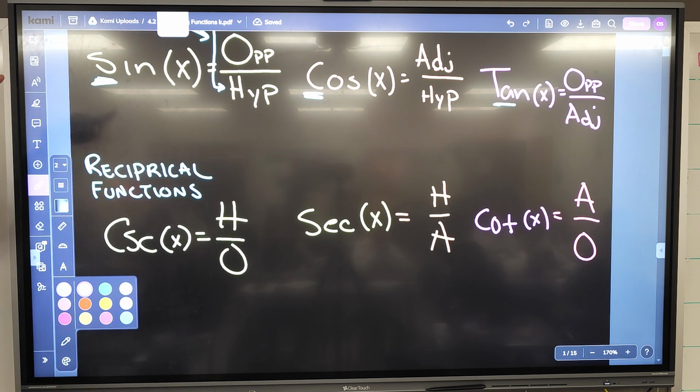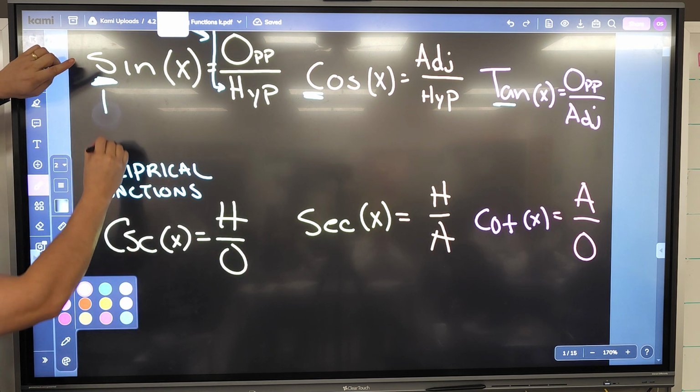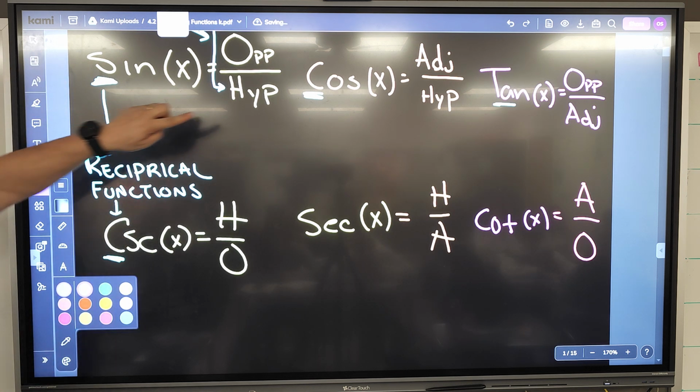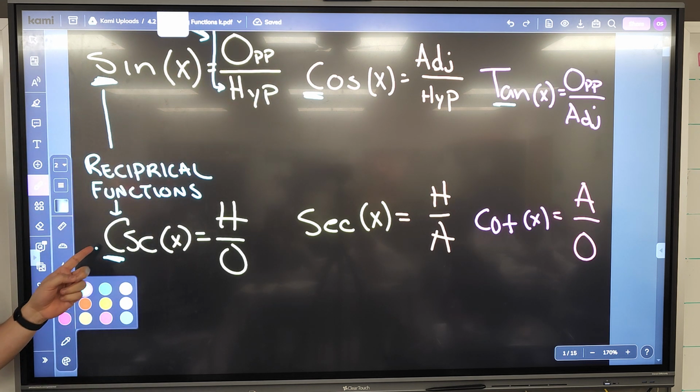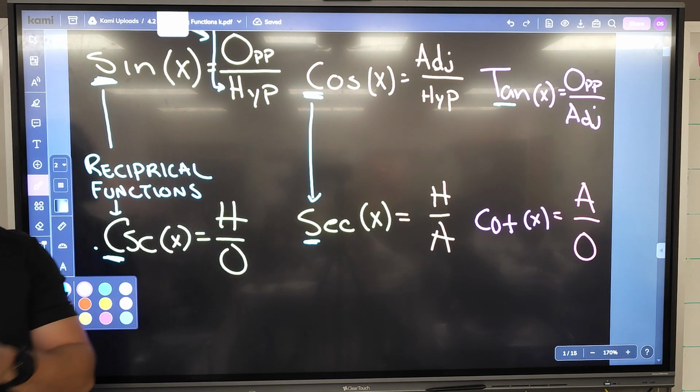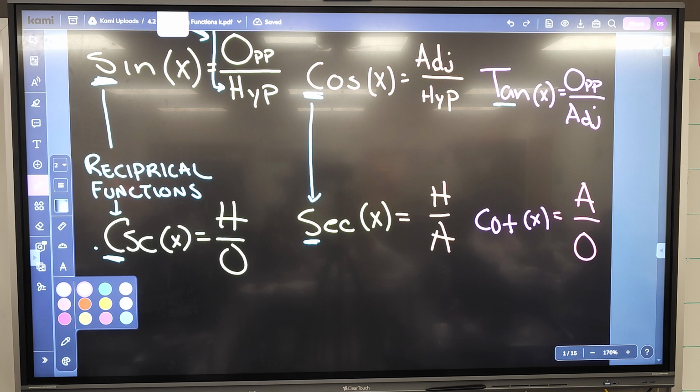It's the one that has the opposite. So S goes with C, and then C doesn't go with C. C goes with S. So it goes with the one that has the opposite letter. I don't know if that makes sense. That's how I remember who. It's the opposite letter.